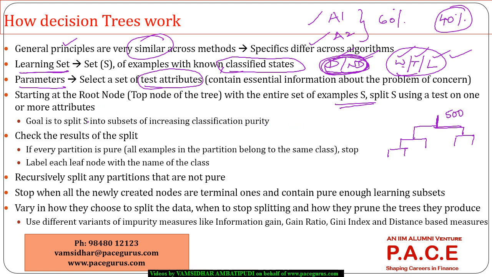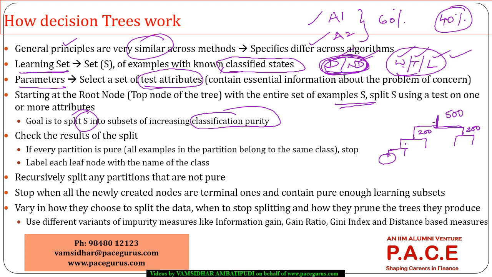The goal is to split this whole set of examples into subsets where the classification purity is higher. Based on some rule, this 500 becomes 200 on this side and 300 on this side.